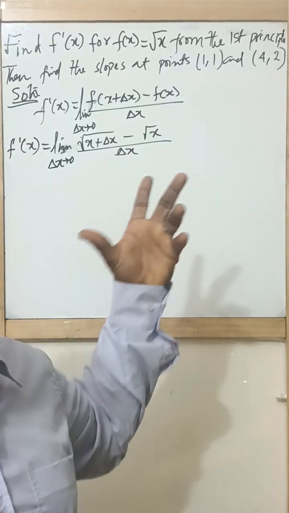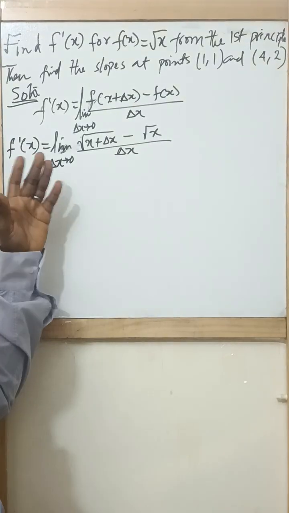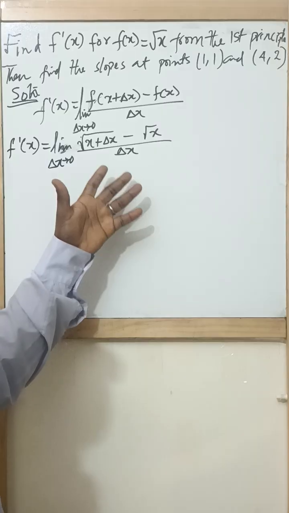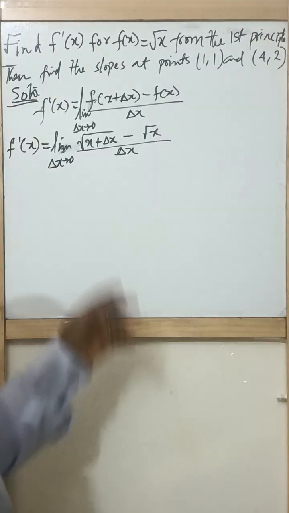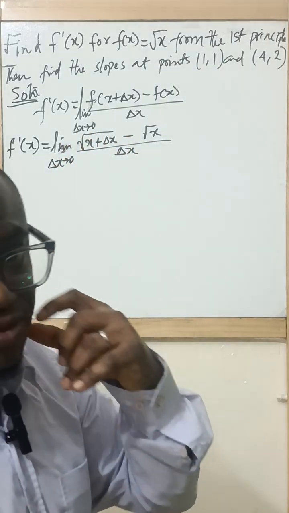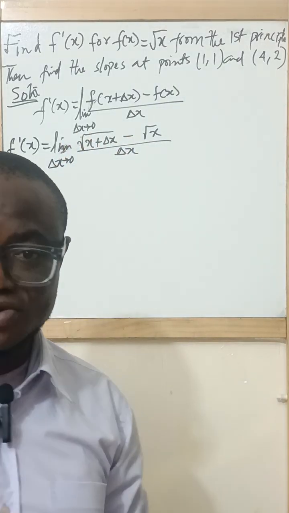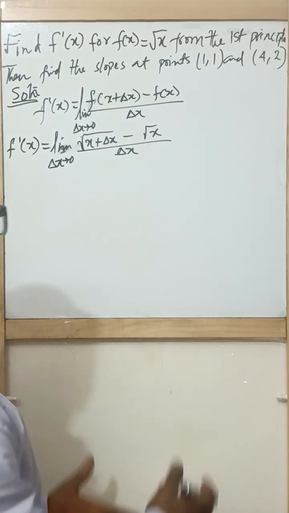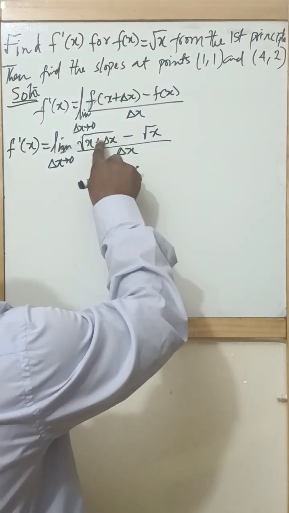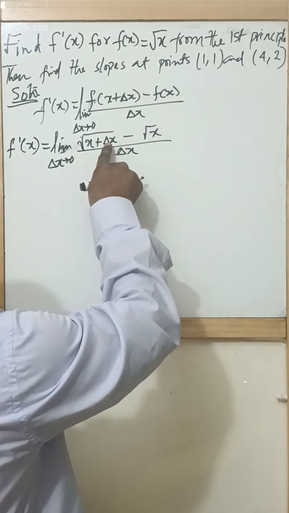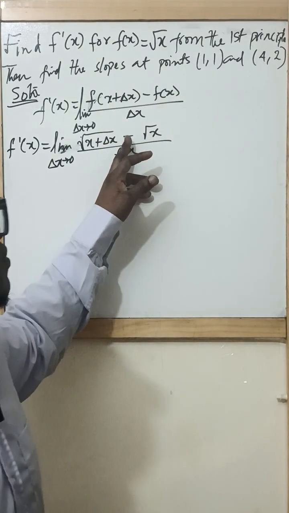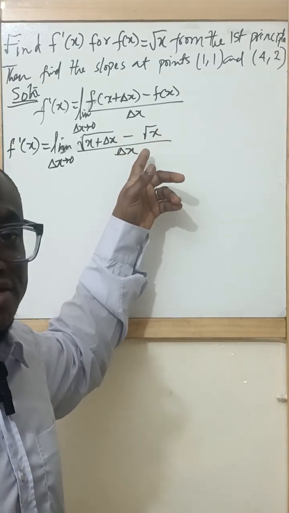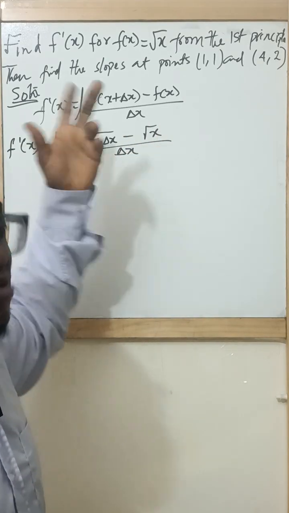But we need to simplify this further, because we cannot just substitute and something was cut. How do we go about that? Remember surds. We know what is called the conjugate of a surd. The conjugate is when you have one surd and another surd, with a positive or negative sign between them, and the conjugate is the opposite of that sign.